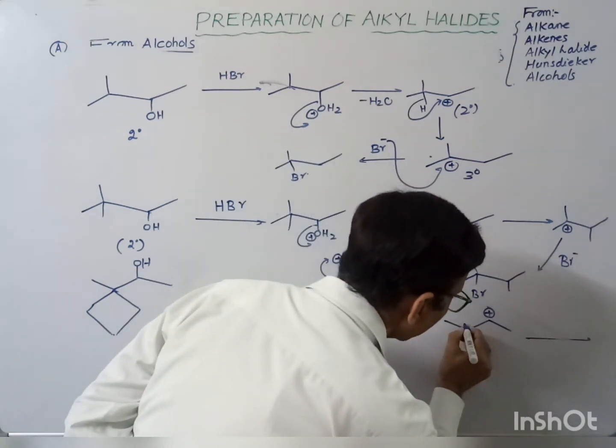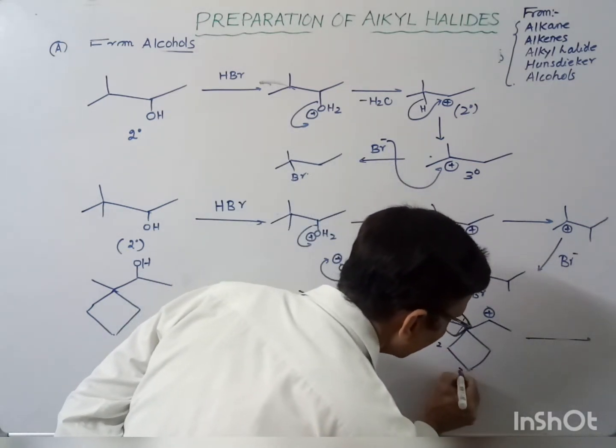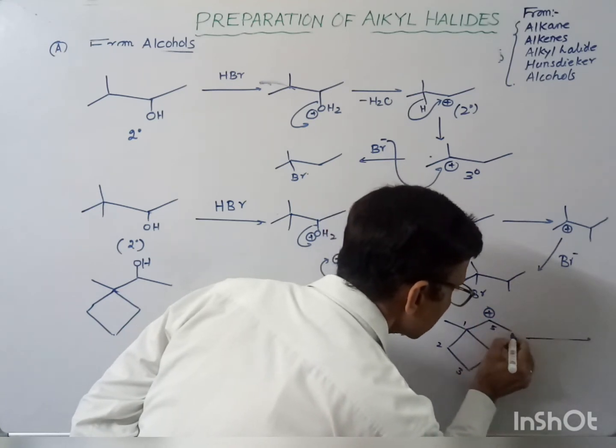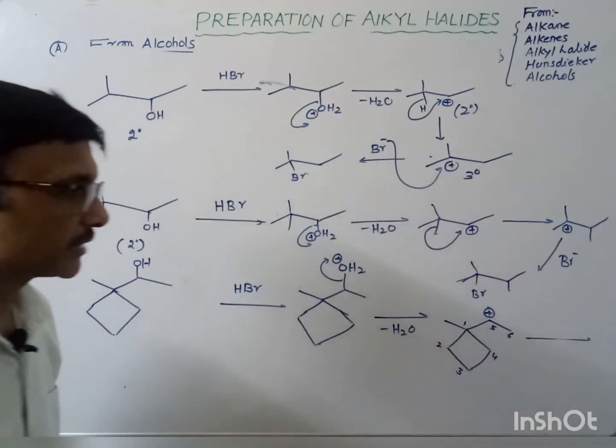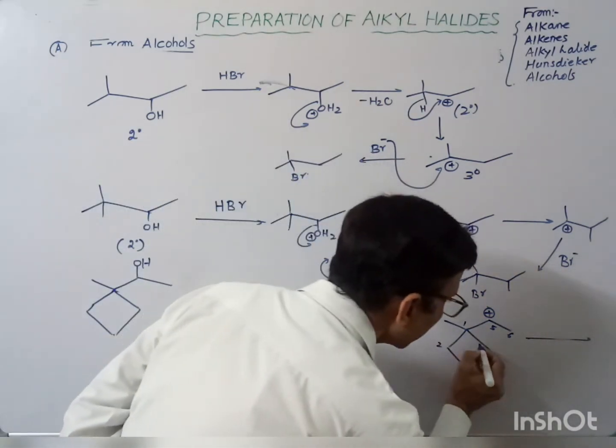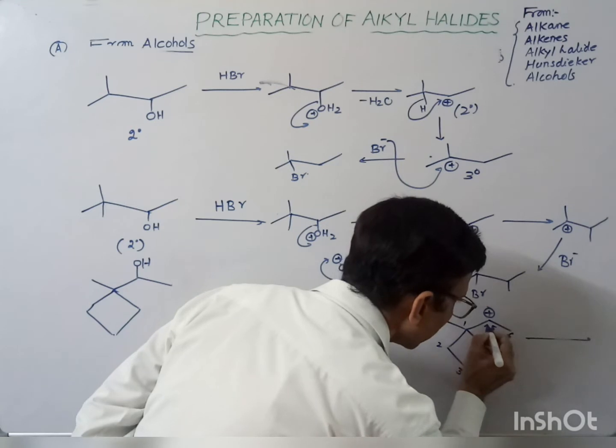Now suppose I number it, this is 1, this is 2, 3, 4, and this is 5 and 6. So the ring will be opened and this 1,4 bond will break and it will open like this.